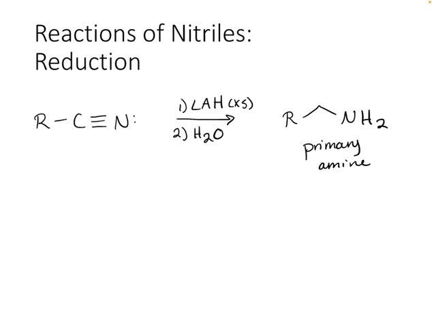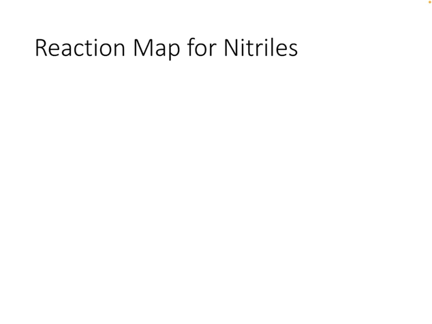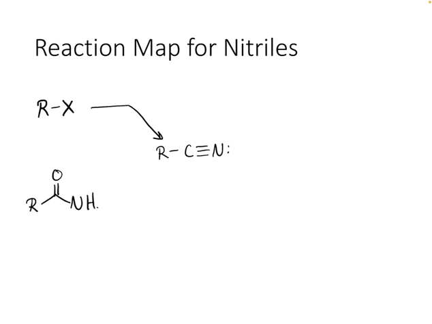And in fact, let's look at the reaction map for nitriles. So we just said that we could form nitriles using either an alkyl halide or a tosyl group in place of the halogen. We also said that we could form nitriles from amides. So we saw that in the last video as well.